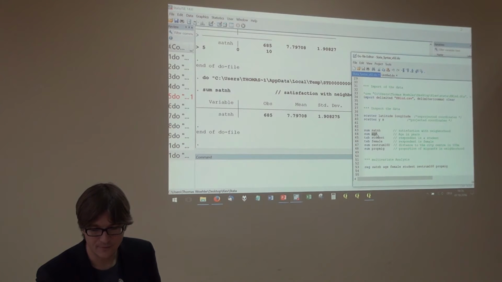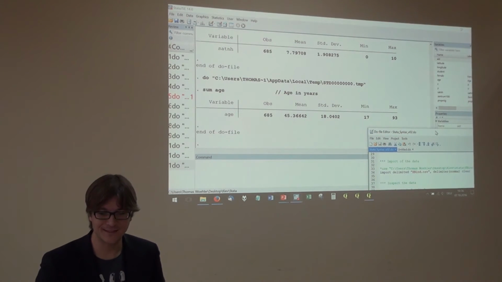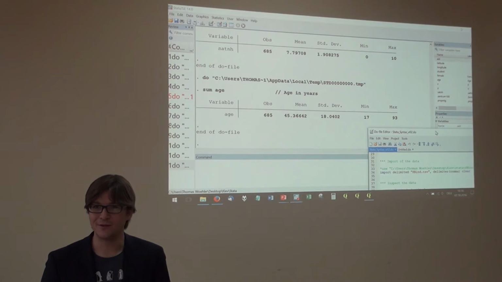I can do the same for age. All the respondents gave us their age. So I have again 685 observations with a mean of 45 years, which for Konstanz is pretty accurate. So you see Germans are pretty old, like the population of Germany is pretty old.